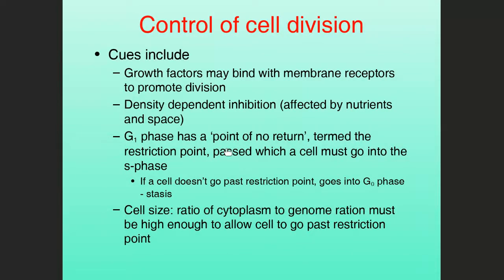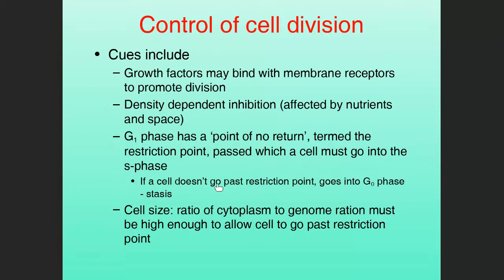What is the control of cell division? What do the cues include? The cues include growth factors, which may bind with membrane receptors to promote division, and density-dependent inhibition, affected by nutrients and space. The G1 phase is also responsible as a point of no return, where the restriction point passes, which a cell must pass to go into the S phase.